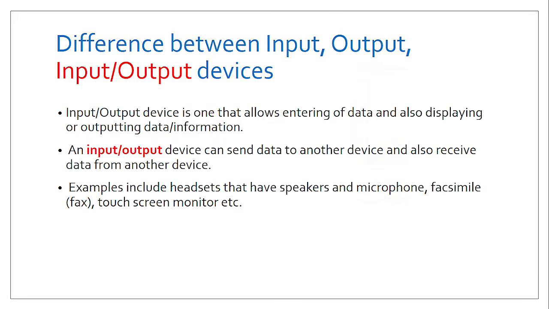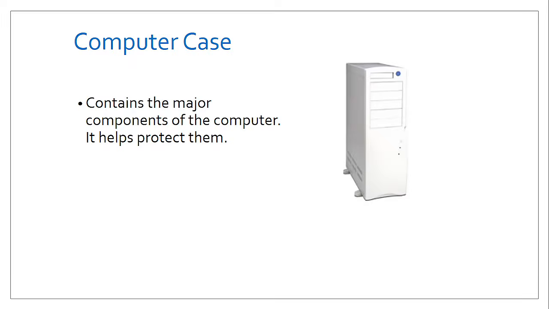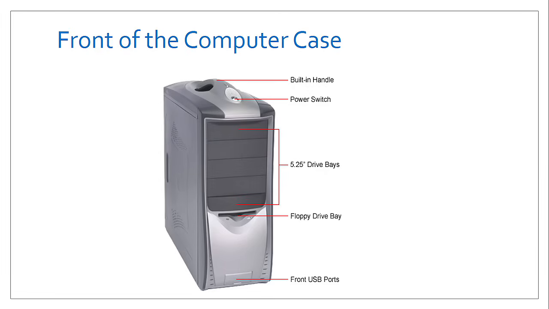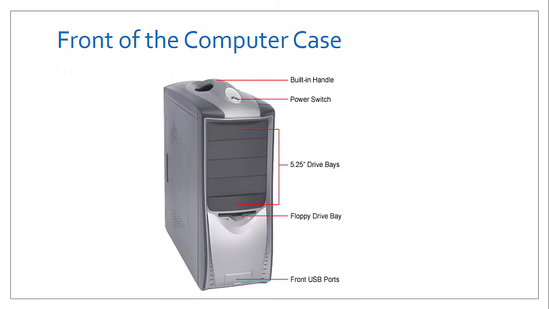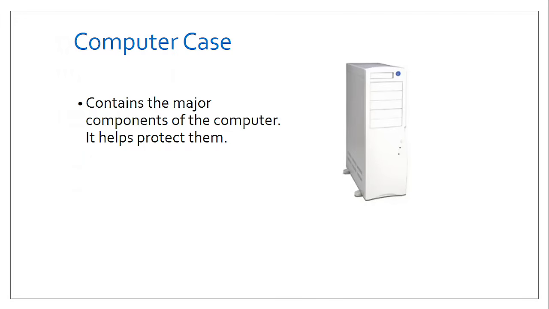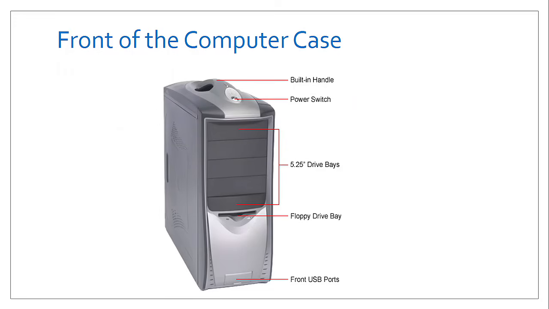We also have the computer cases that you can see. These are the external hardware that houses the internal components of the computer. We can't rule the computer cases out because they are the ones that house the internal components. We have different kinds of computer cases that you need to understand.